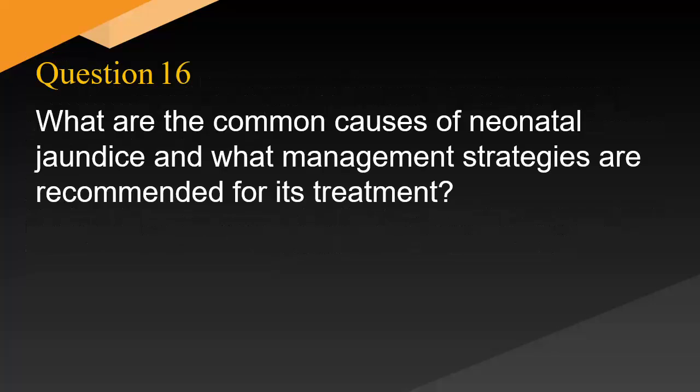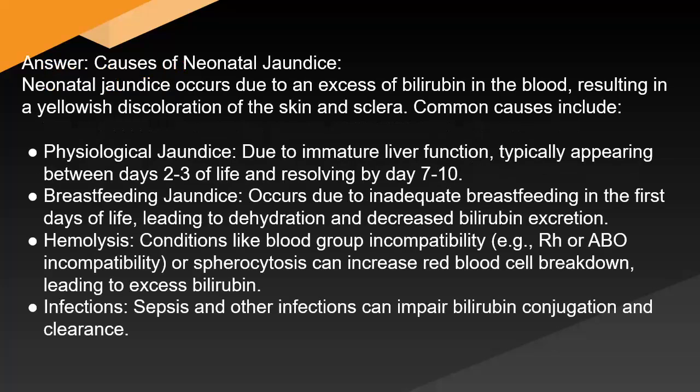What are the common causes of neonatal jaundice, and what management strategies are recommended for its treatment? Answer. Causes of neonatal jaundice. Neonatal jaundice occurs due to an excess of bilirubin in the blood, resulting in a yellowish discoloration of the skin and sclera. Common causes include physiological jaundice, due to immature liver function, typically appearing between days 2-3 of life and resolving by day 7-10.